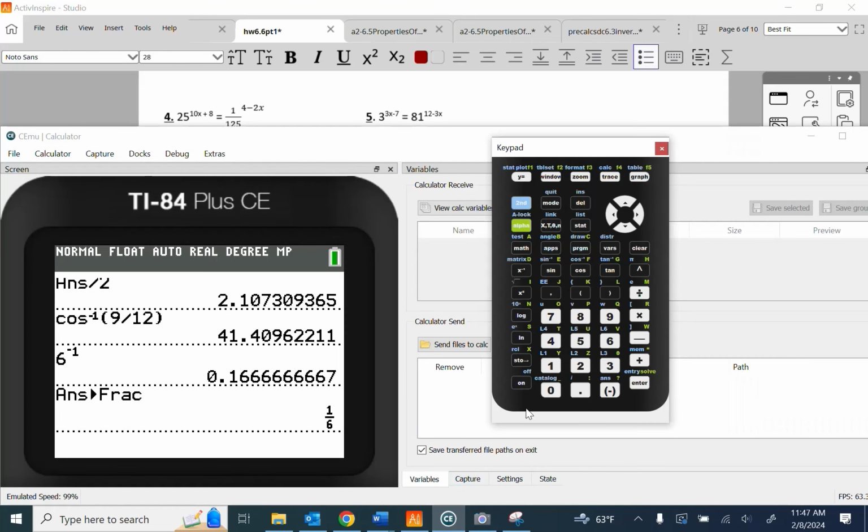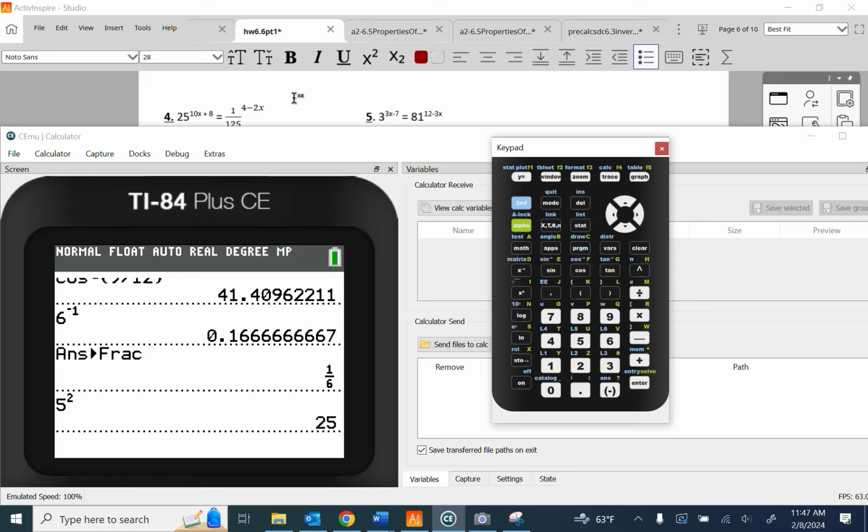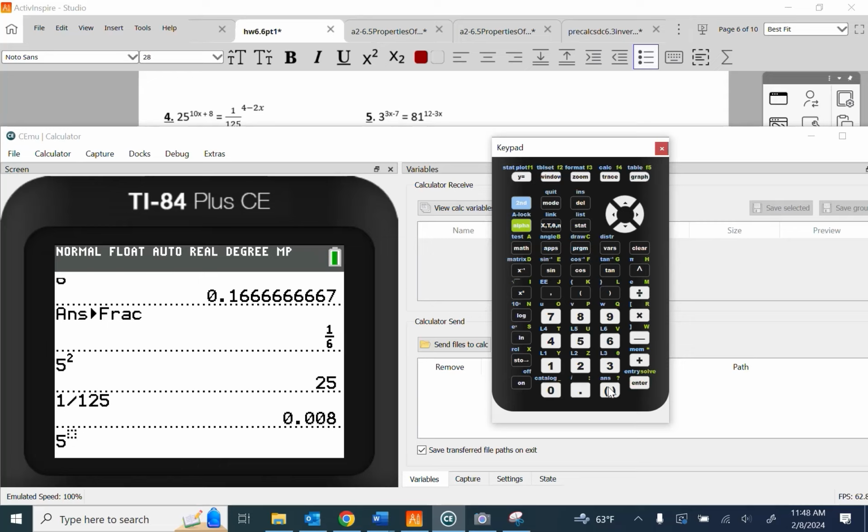So I'm not doing magic here, kids. I know that 5 to the second power is 25. You're supposed to know that. Everybody who lives is supposed to breathe that. 1 over 125, I don't know what the decimal looks like, but I also know that since 5 cubed is 125, 5 to the negative third has to be the same thing.